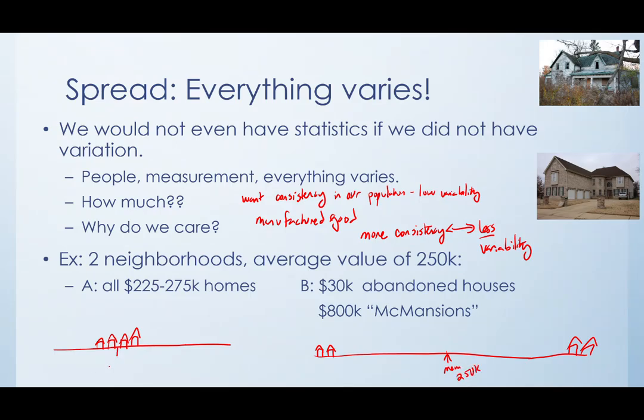In neighborhood B we've got the same mean, but our data is way more spread out. Not that there's a whole lot of different values, but that it's much more spread out from the mean. The data values are further away from the mean on average.